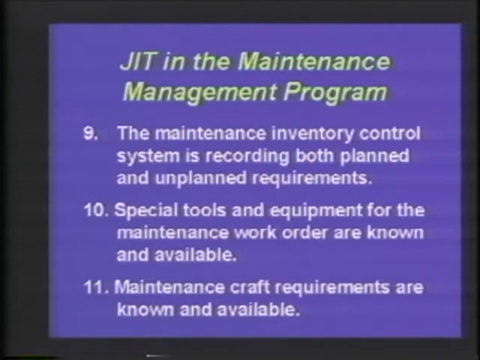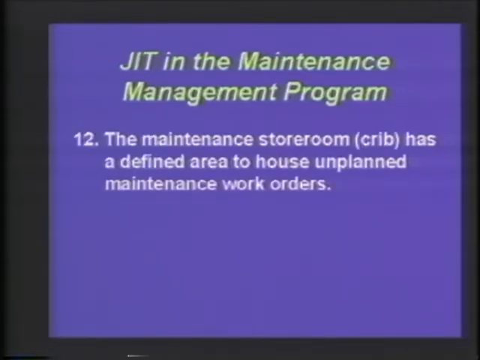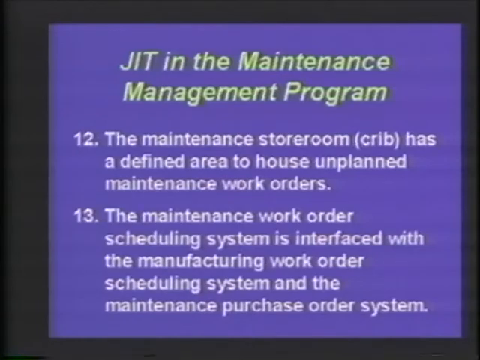And on the next exhibit, item number 12 addresses that the storeroom has a defined area to house unplanned maintenance work orders as well as planned. Item 13, the maintenance work order scheduling system is interfaced with the manufacturing work order scheduling system and the maintenance purchase order system.